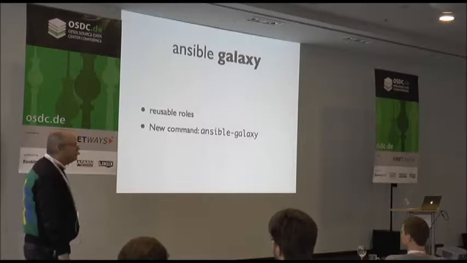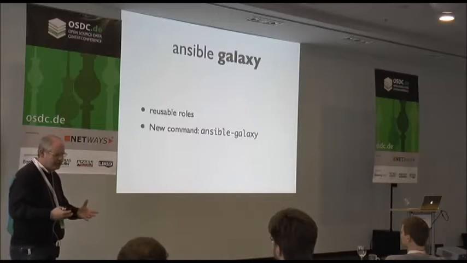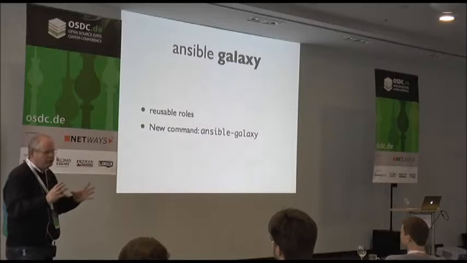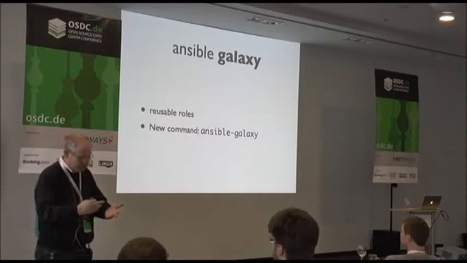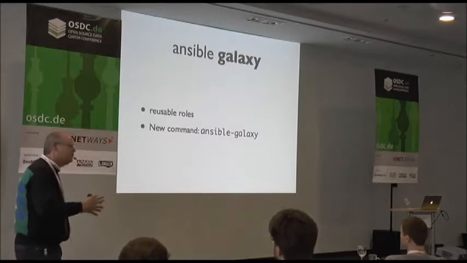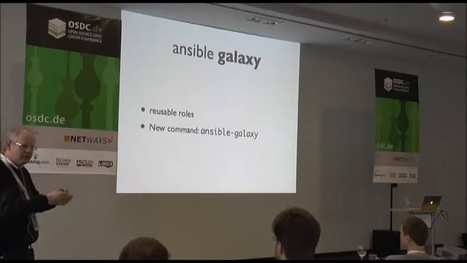Something which is relatively new is a project called Ansible Galaxy, which belongs to Ansible, or is part of Ansible. Ansible Galaxy is a collection of hopefully reusable roles. People create a role for installing Nginx, or for installing Apache, or for installing Postfix, etc. And you can upload this to Ansible Galaxy.